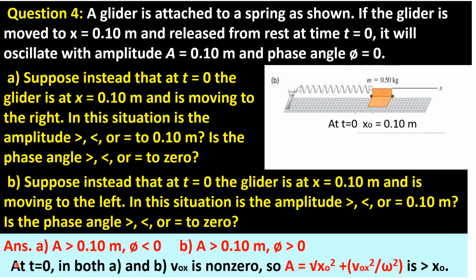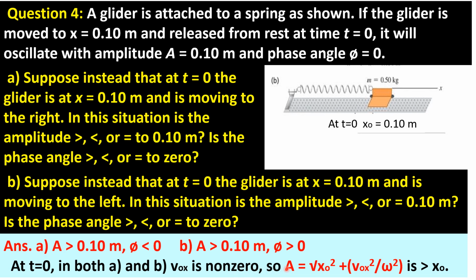Explanation. At time 0, in both situation A and situation B, the initial velocity, v naught x, is non-zero.